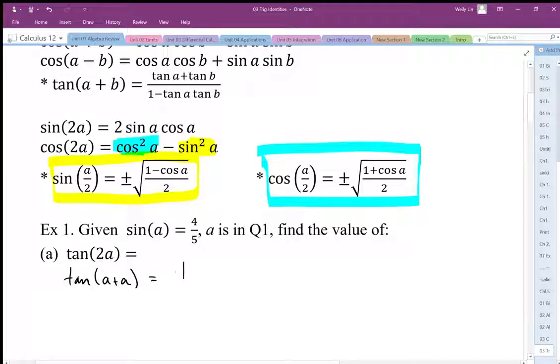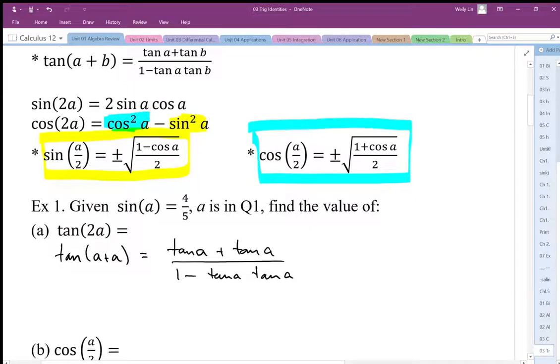It's much easier just to remember one identity and apply it to both. So we're going to have tan A plus tan A all over 1 minus tan A times tan A. Okay, so there's my identity. To work this out, I'm just going to simplify this here. We get 2 tan A over 1 minus tan squared A.